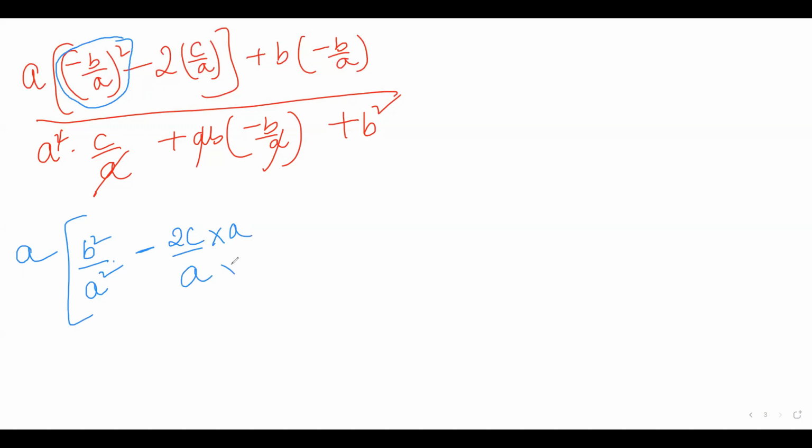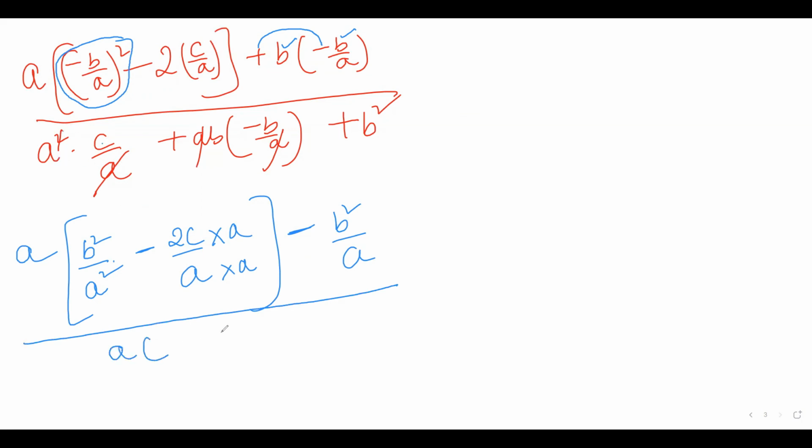Multiplying with a, dividing with a, trying to take LCM. Here plus into minus is minus. B into b is b square by a. After cancellation, I will have AC. Plus into minus is minus. B into b is b square, plus b square. Both b squares will get cancelled.